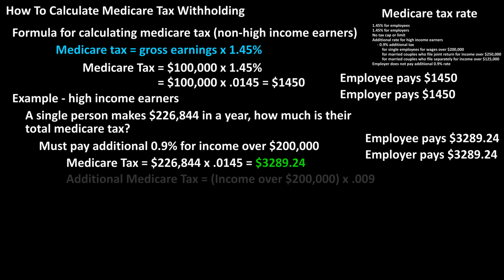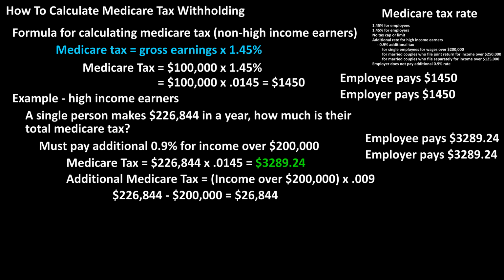Next, we calculate the additional 0.9%, which is additional Medicare tax equals earnings above $200,000 times 0.9%, or 0.009. So in this case, the employee made a total of $226,844 for the year. $226,844 minus $200,000 equals $26,844, which is the additional amount that is subject to the 0.9% tax.